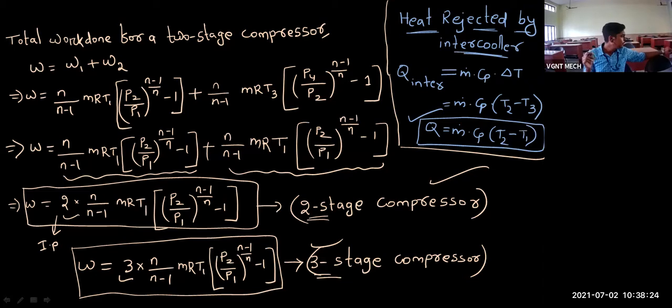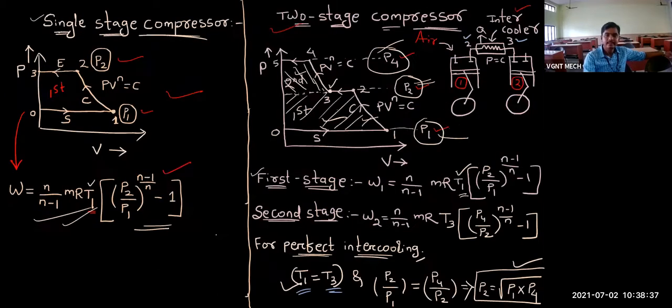One problem quickly we are going to solve based upon the things whatever we have discussed today, and all of your doubts will be clear. And this is a simple derivation. Why I have done this?